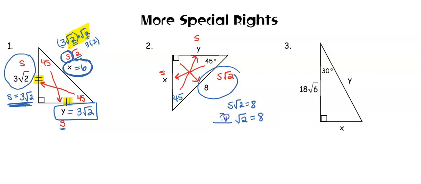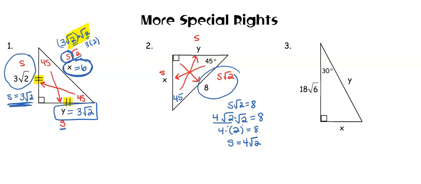Well, I know it's going to have to be a root 2 because root 2 times root 2 is going to be 2. So what times 2 is going to give me 8? Well, that's 4 because 4 times 2 is 8. So this tells me that my S is 4 root 2. That's one way to think about it. Kind of walk through in your head, kind of get there.